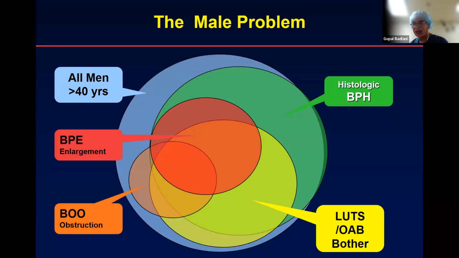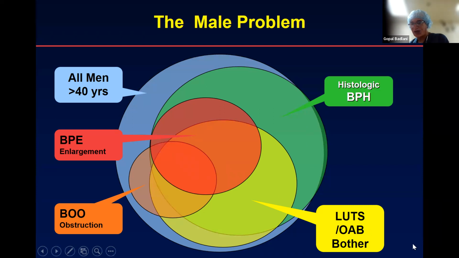On the male side, we have a little more complexity because in the male, if he's over the age of 60 or so, we blame everything on the prostate, which is only part of the story. A small circle inside is prostatic enlargement, but a significant portion of men can have similar symptoms.